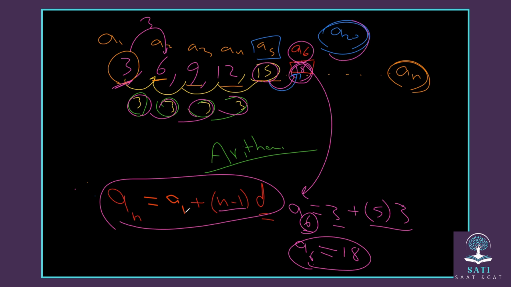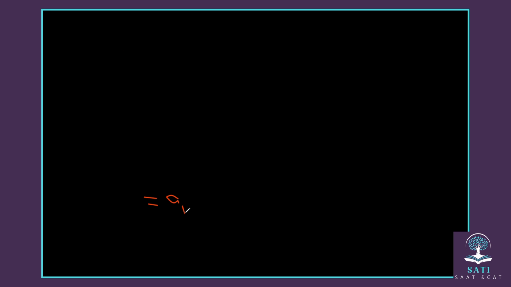If you want to find the 20th term, you apply the same thing: A20 equals A1, which is 3 here, plus (n minus 1), which is 20 minus 1, so 19, times the difference 3, then you calculate it to find the 20th term. So you can find any term using this formula. So till now, we have one formula in arithmetic sequence. What is this formula?